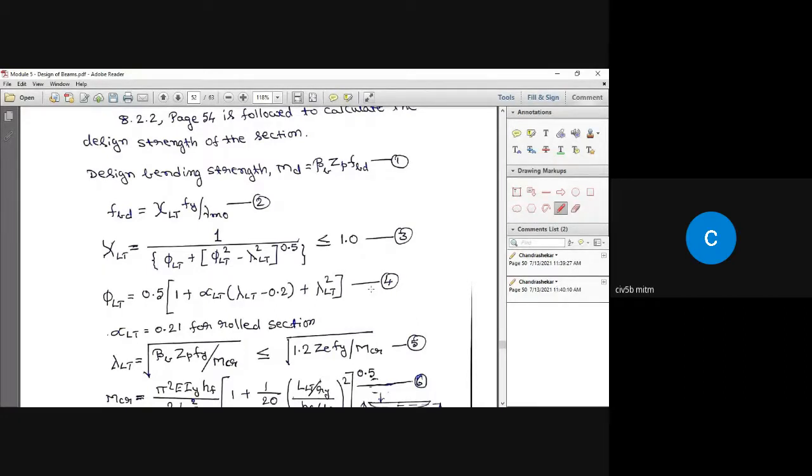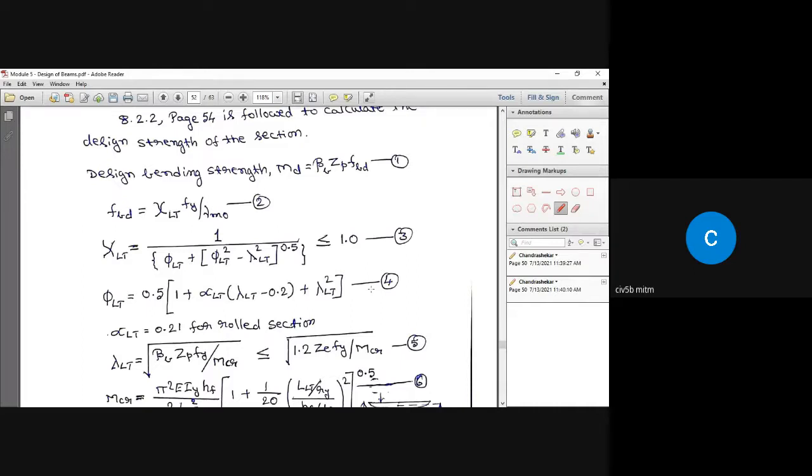Once you have the value of chi LT, again go up and substitute it in the equation f_bd equal to chi LT f_y divided by gamma m0. Then you will get the value of f_bd, which is going to be less than f_y divided by gamma m0.